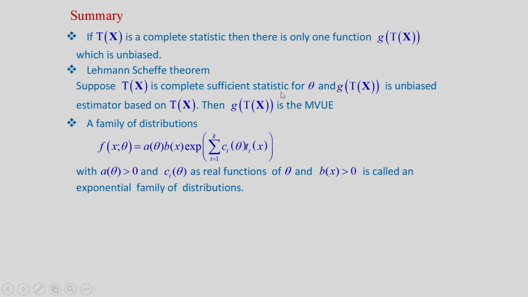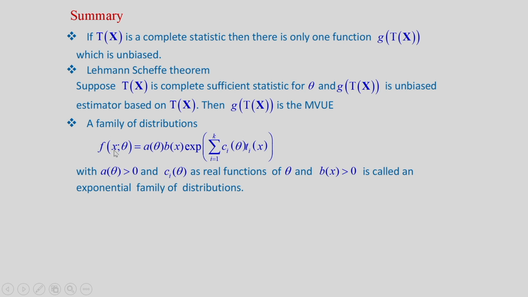So, if we have a function of complete sufficient statistic which is unbiased, then that must be an MVUE. Then we discussed the family of distribution which is known as the exponential family of distribution.